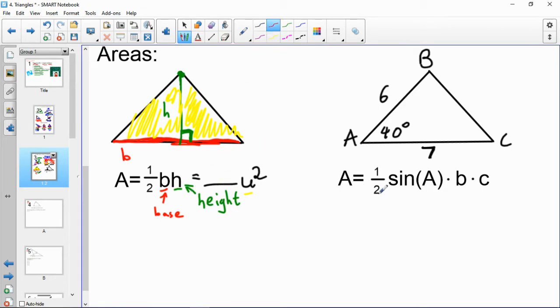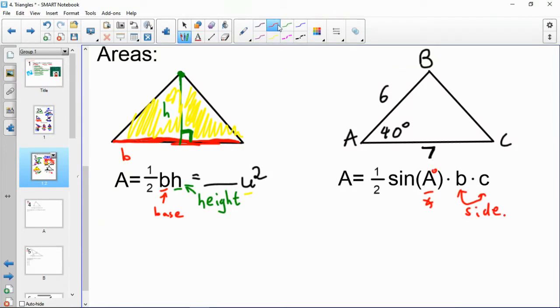But alternatively, anytime you have this configuration where you have an angle between two sides and you know all three numbers, you can plug it through the alternate area formula of 1/2 sine of A times b times c, where the A would have to be the angle, and the b and the c would have to be the side lengths.